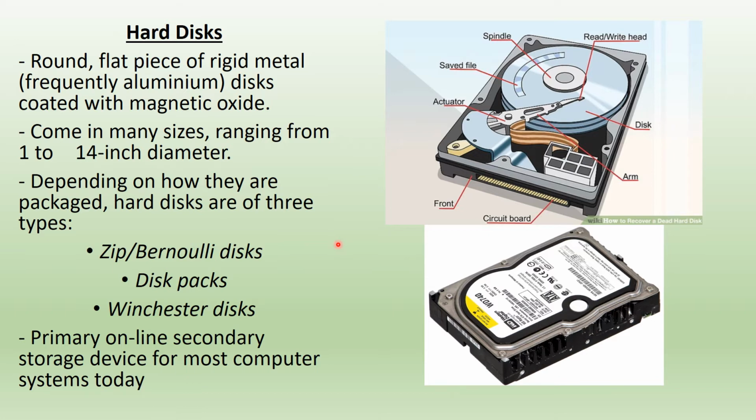They are the primary online secondary storage devices for most computer systems today. This is the same thing I was telling you: it is the main, primary online secondary storage device for most computers today.